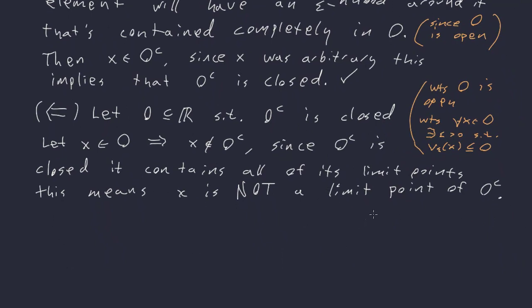Because we haven't really talked much about what it means to not be a limit point, remember, if x is a limit point of some set A, then for all epsilon greater than 0, the epsilon neighborhood around x intersects A at another point other than x.